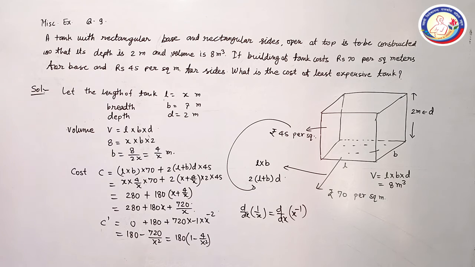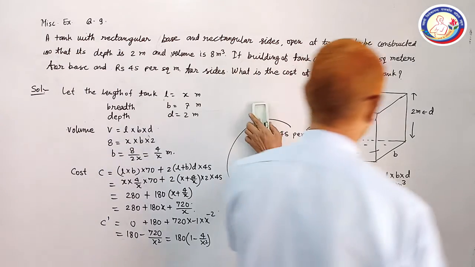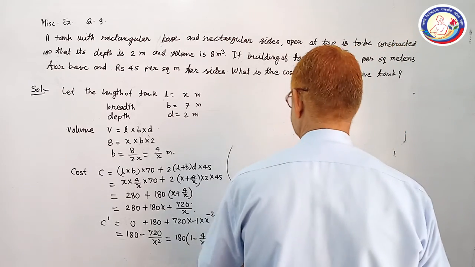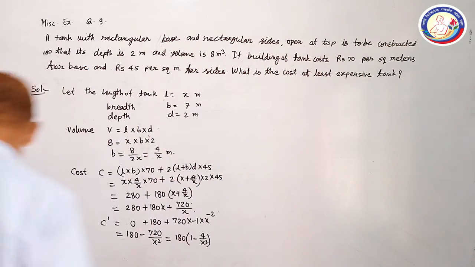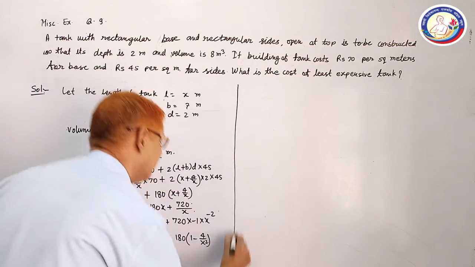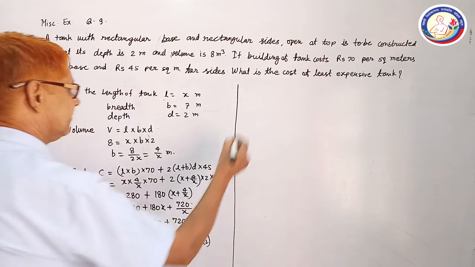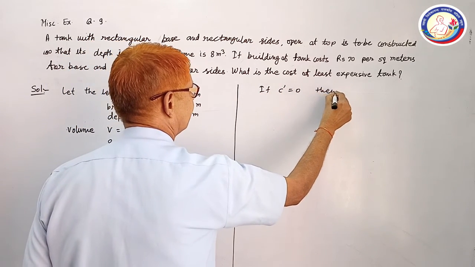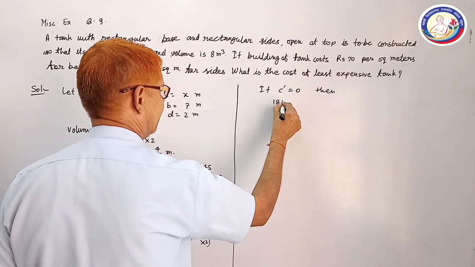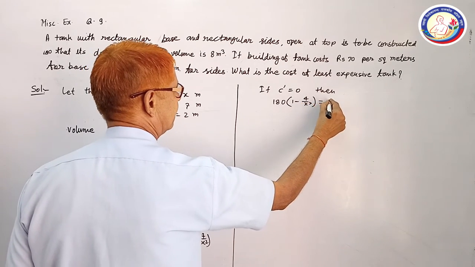As usual, put the value of the first derivative C prime equal to 0 and find the critical points, or the points where maxima or minima can occur. If C dash equal to 0, then 180 into (1 minus 4 by x square) equal to 0.